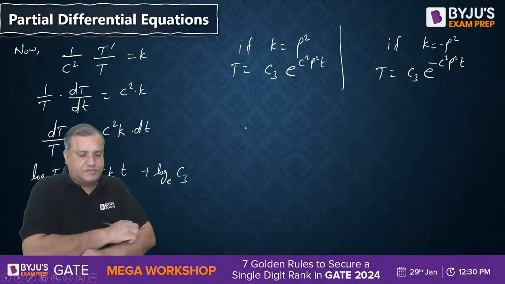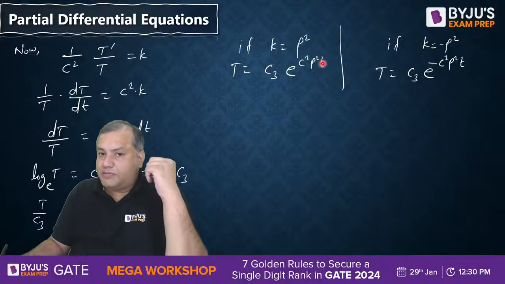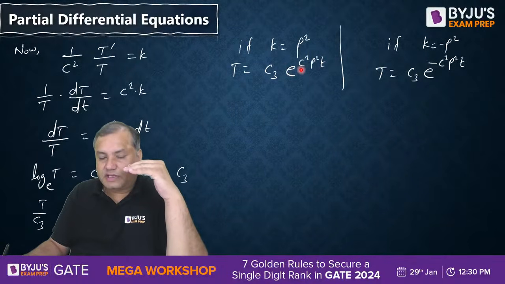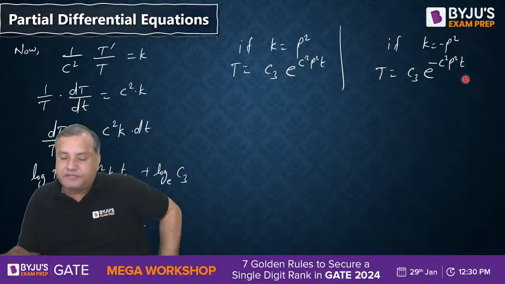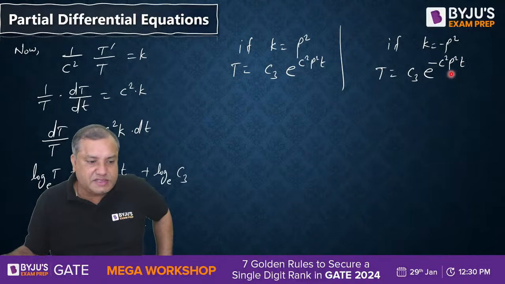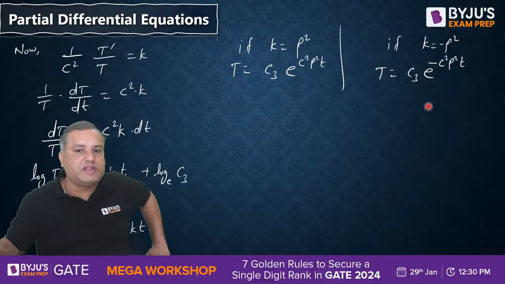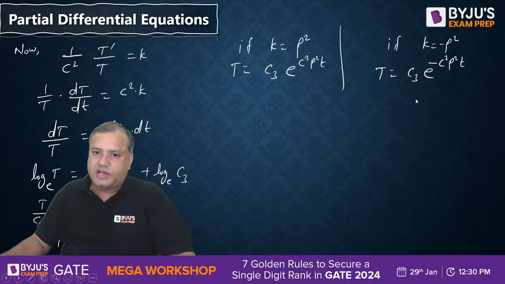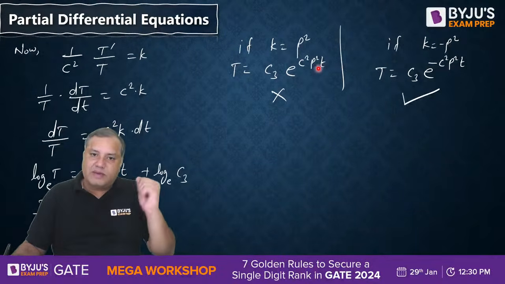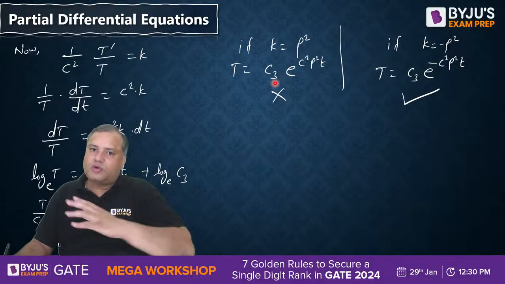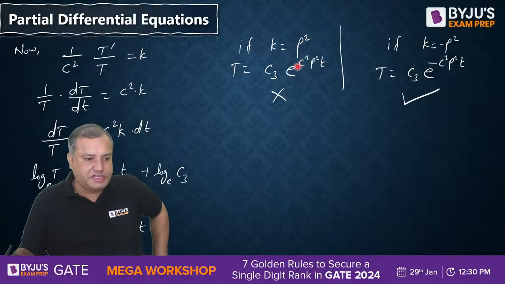Now see here, out of these two, with respect to time t, this is exponentially increasing, and with respect to time t, this is exponentially decreasing. So this exponential decrease with respect to time t is in accordance with Newton's law of cooling. So the heat equation satisfies this one. But the other is saying that as time increases, temperature goes on increasing. So this is not in accordance with the law of conservation of energy.